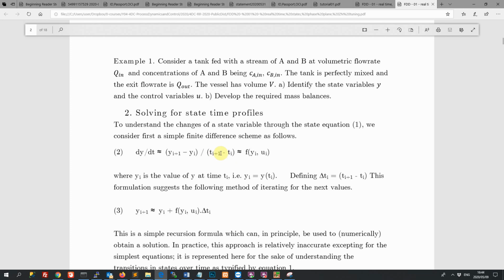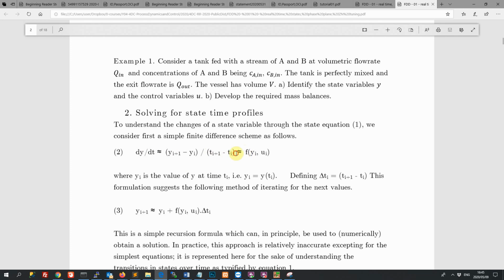We can define y to be yi plus 1 at time ti plus 1, and yi will be y at ti. So dy dt in the range ti to ti plus 1 is approximately the difference in y divided by that difference in t. And of course, this becomes exact as this difference tends to 0. So that's what we have here.